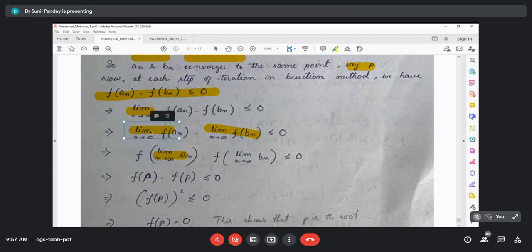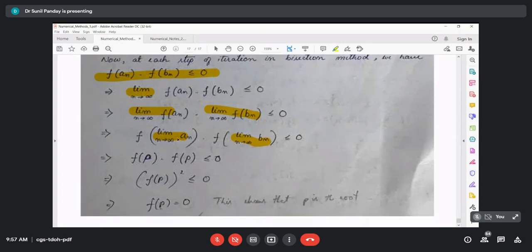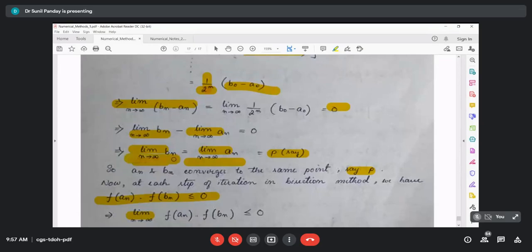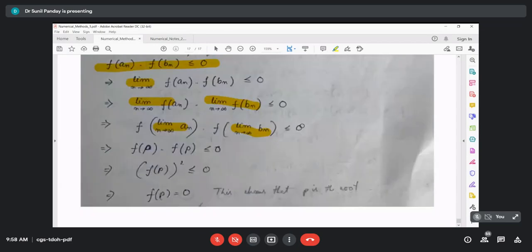If it is going from here to here, it means f is continuous; otherwise this is not applicable. We have already assumed that a_n and b_n converge to P. So this is f(P), and this is also f(P).